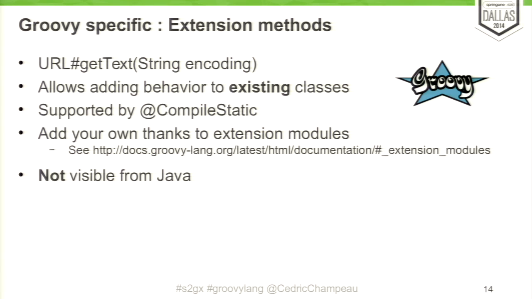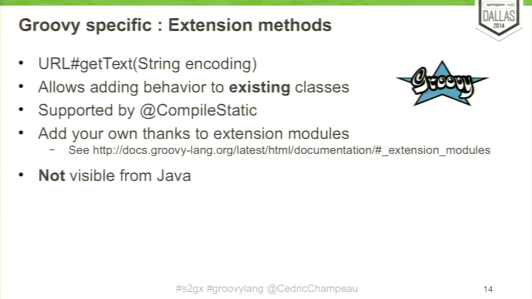So if any one of you were at the talk from Venkat this morning, you probably know what extension methods are in Groovy. Anyone doesn't know? Okay, so typically URL.getText in Groovy is a method that is added to the URL class.